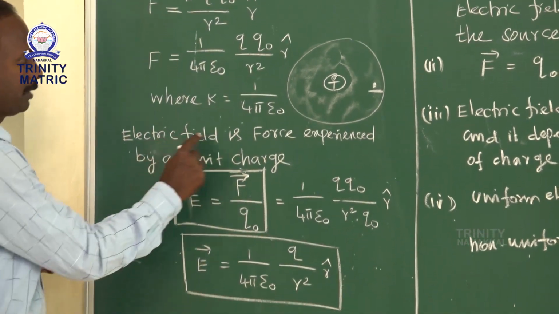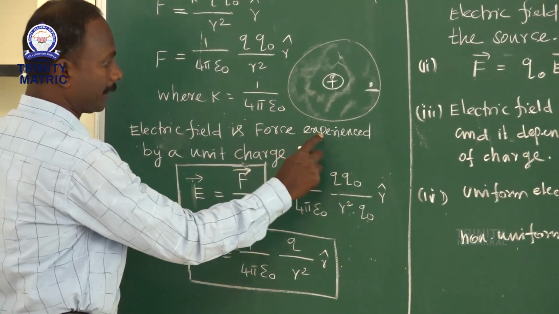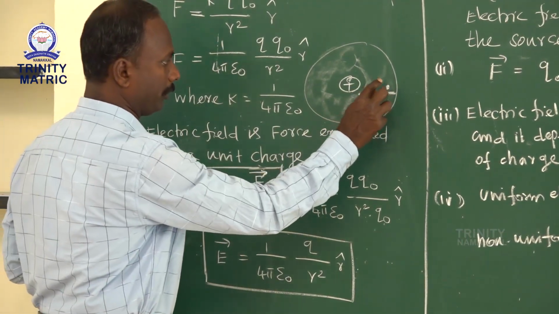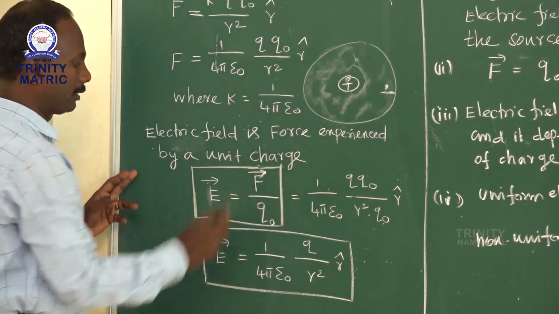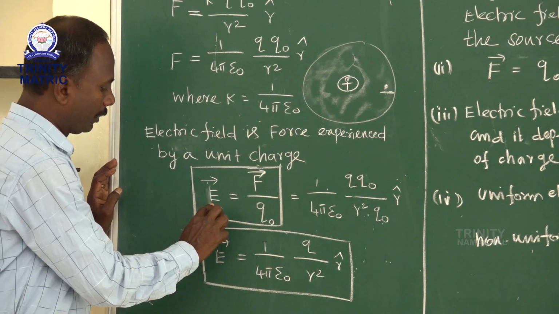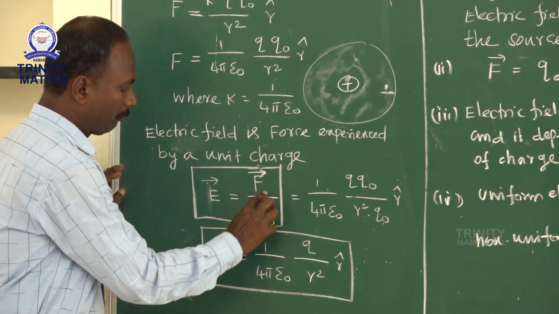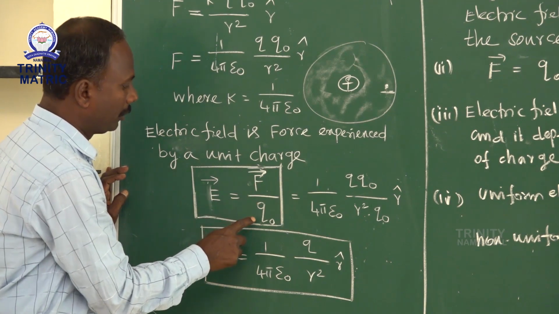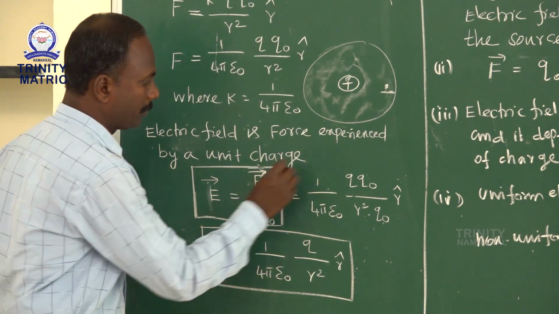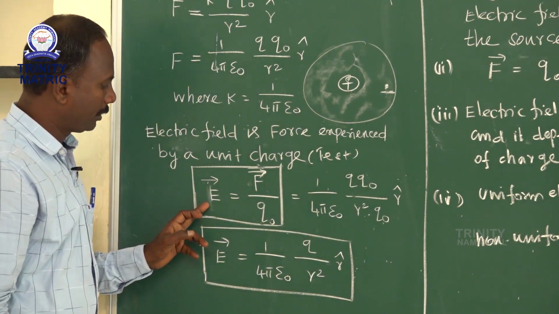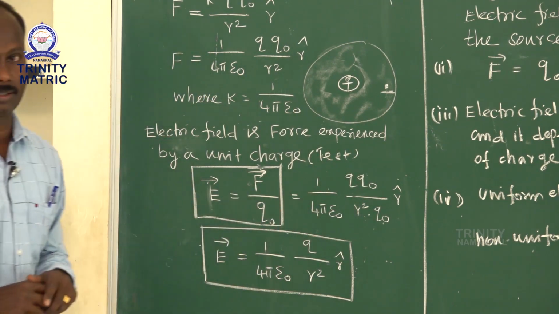Now the electric field is defined as the force experienced by a unit charge. The force experienced by the unit charge is called the electric field. So the electric field is expressed by E is equal to F by Q naught, that is force experienced by a unit test charge. Here the charge means a test charge. So E is equal to F by Q naught.